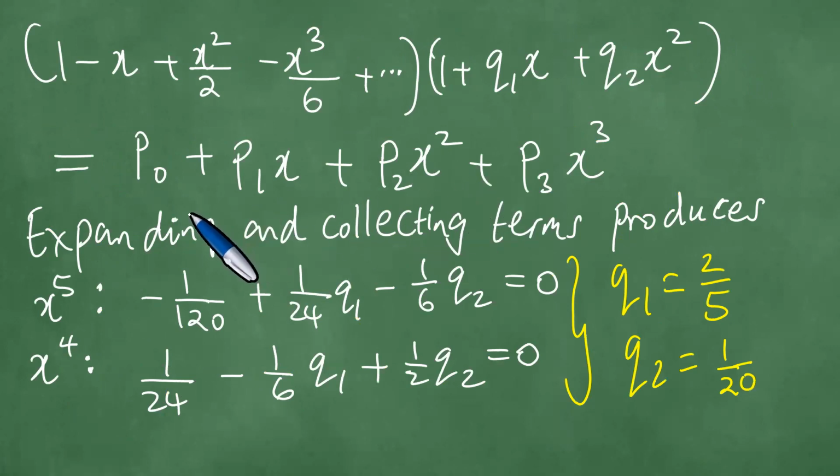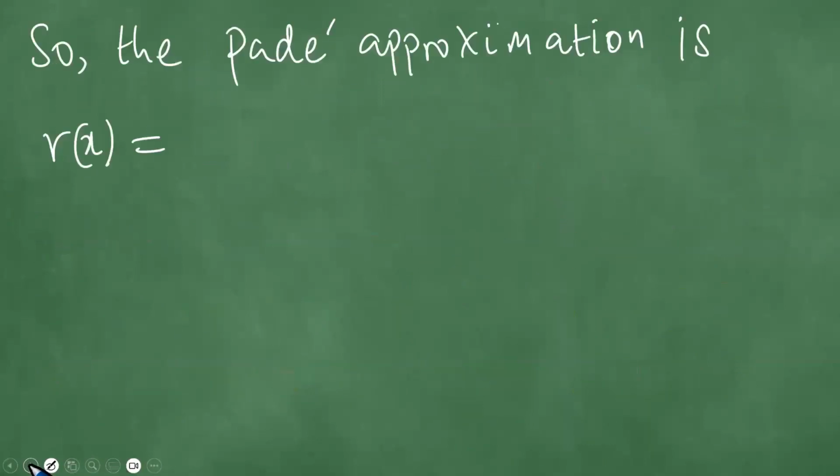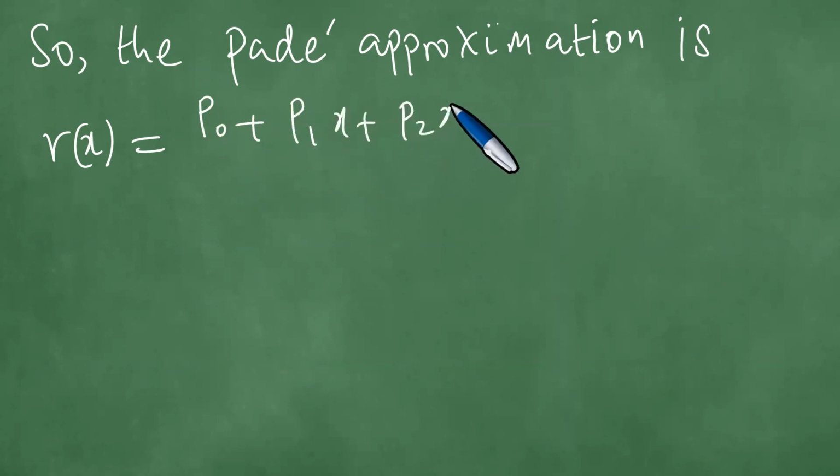So it becomes p0, p1x, p2x squared, and so on to p3x cubed, and then the q's will be this one here, which is p naught plus p1x plus p2x squared plus p3x cubed.